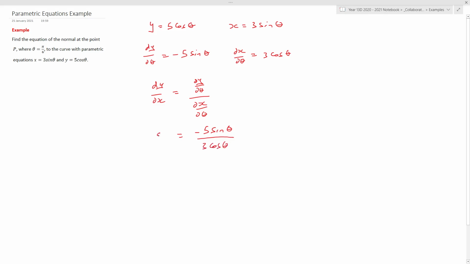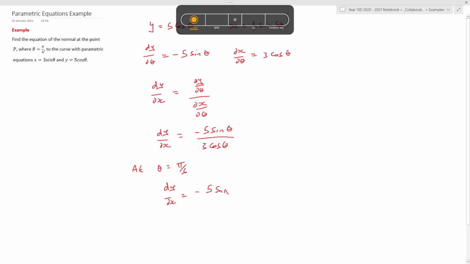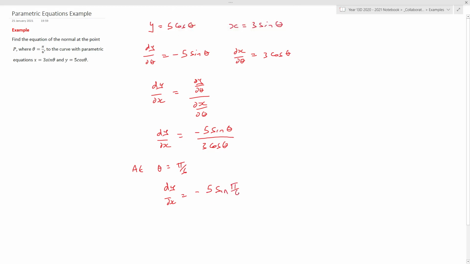And so that's our gradient of the curve. We want the gradient at this point theta equals pi by 6, so we sub that in at theta equals pi by 6. The gradient dy by dx is equal to minus 5 sine, oops, not sine theta, sine pi by 6 divided by 3 cos pi by 6.